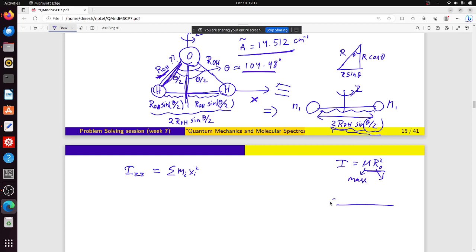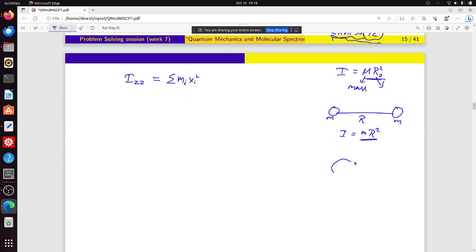Like in physics, if there are two masses and the distance is known, then the moment of inertia is nothing but mass times the radius squared. Okay, so if you have some shape and you have some particles at each position and you want to calculate the moment of inertia around some axis, then the moment of inertia around that axis can be written as the sum of all the masses times the radius squared from the point.